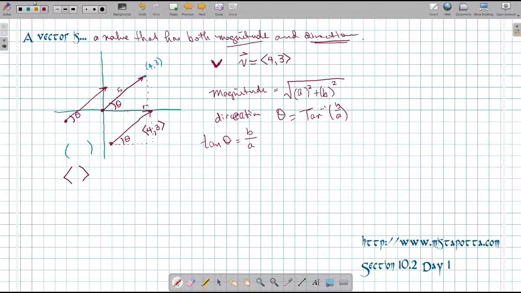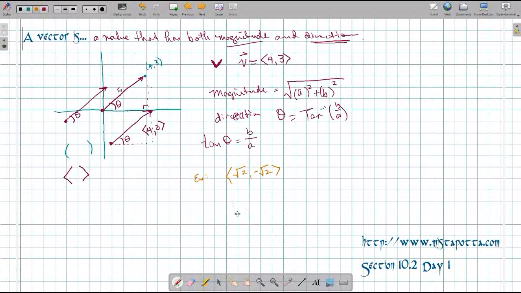So I could try an example of this. I could look at an example like the vector radical 2 and negative radical 2.